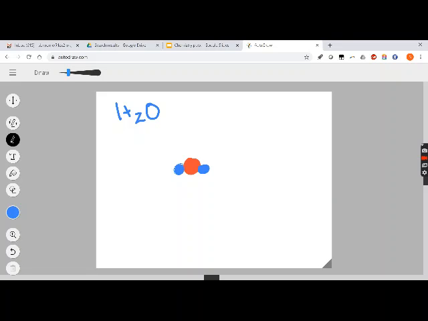Right here, I have two atoms of hydrogen. Hydrogen is going to equal blue. And I'm going to have one atom of oxygen, and my oxygen is going to equal red.